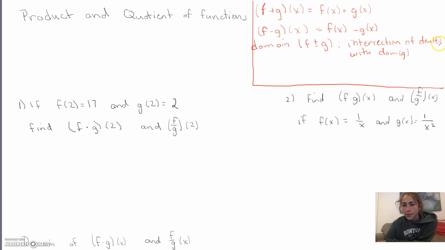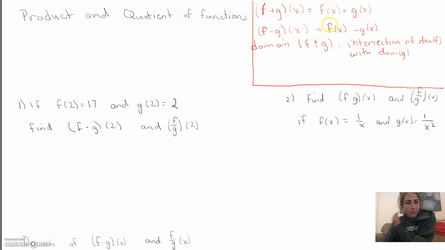So this just said take the restrictions on the function f and take the restrictions on the function g and combine them to get the restrictions on the function f plus g or f minus g. And that's just because these functions are defined by using the old function. So whatever values we plug in to f plus g of x have to make sense to plug into f and to plug into g.